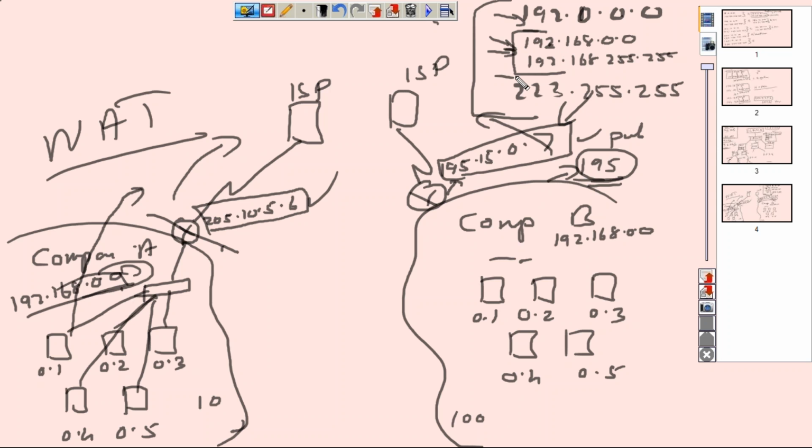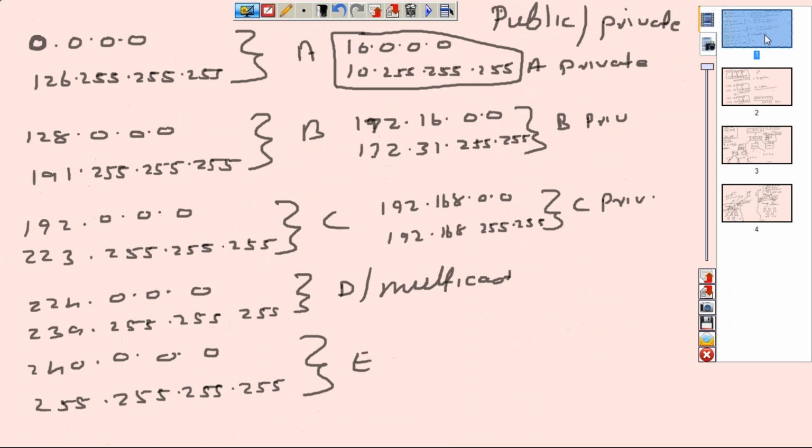So we know that is a public address there. 195 is part of class C, but is not part of this subsection. So anything that is not private within a range is public. All right, got it.